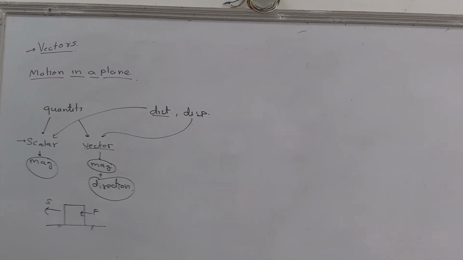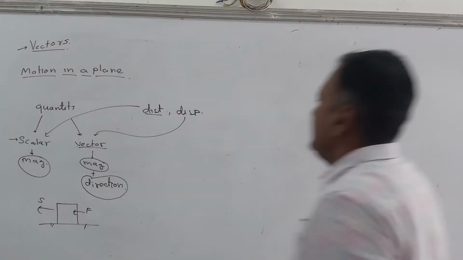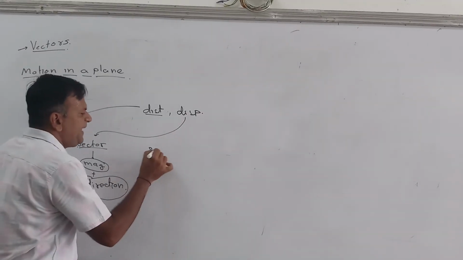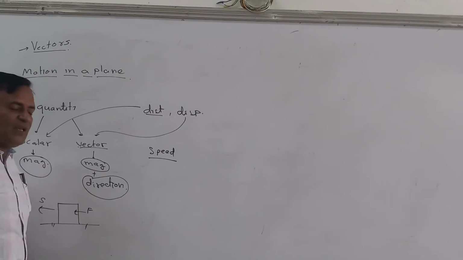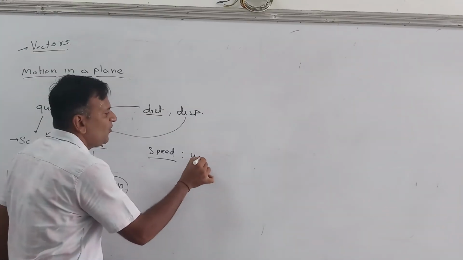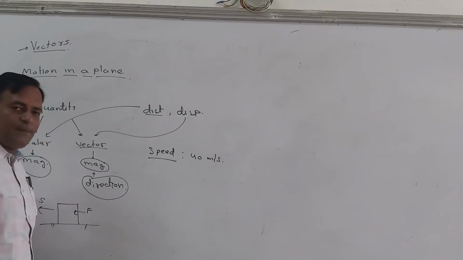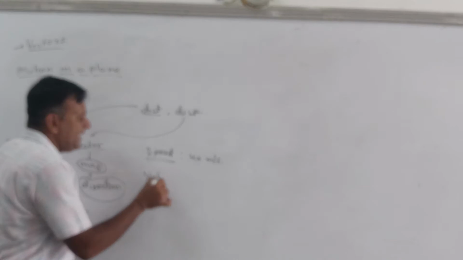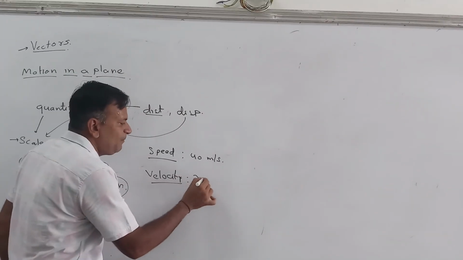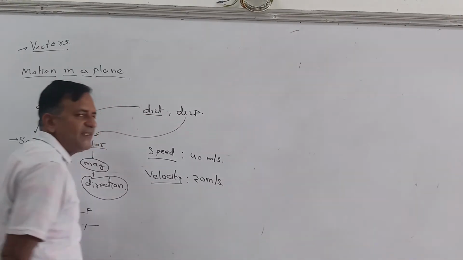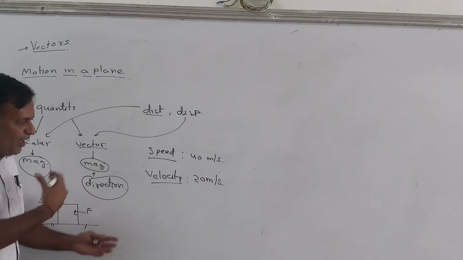Okay, now a few more examples. One is the speed. To express the speed, suppose I can write the speed as 40 meters per second. This becomes speed. Another quantity is velocity. What is velocity? If I simply write down 20 meters per second, this is not the velocity. Okay, then what is velocity?